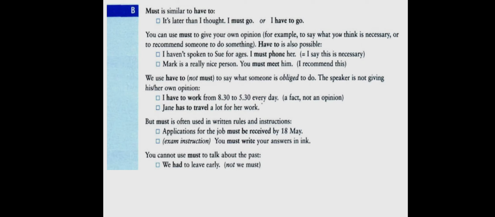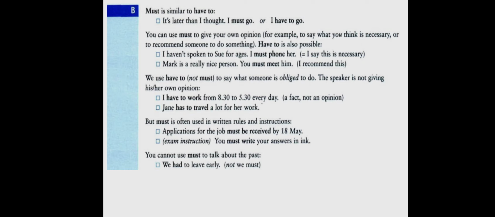I express this necessity. I decided that I must phone her. This is personal decision, personal opinion. Mark is a really nice person. You must meet him. This is my personal opinion, my personal point of view. I recommend the other person to meet Mark. So I say you must meet him.